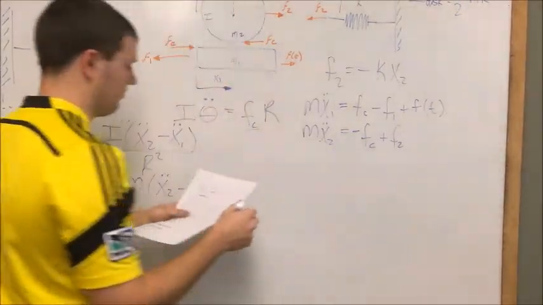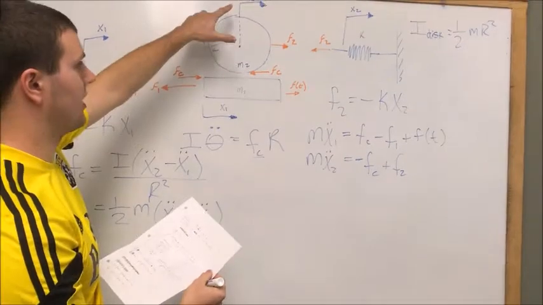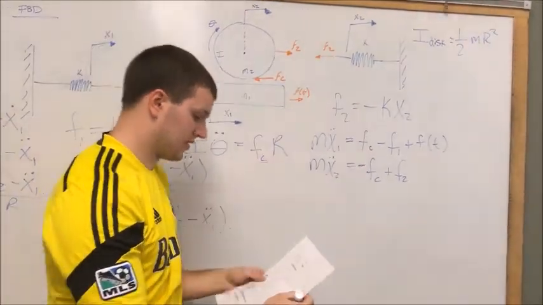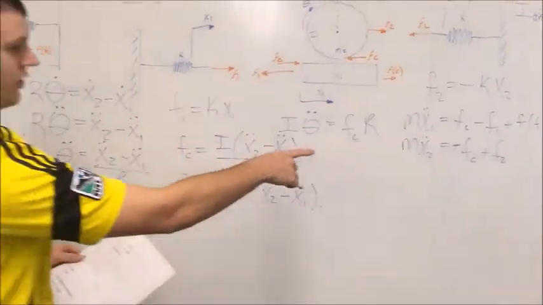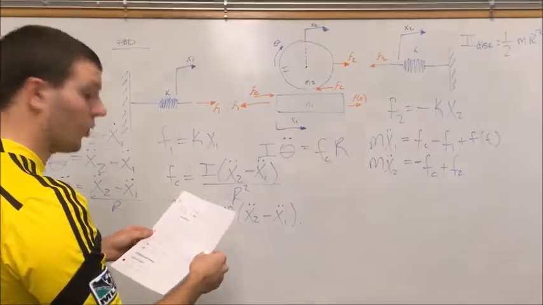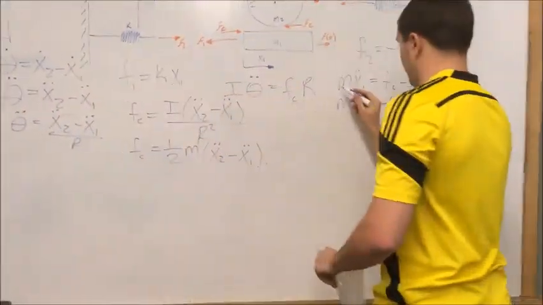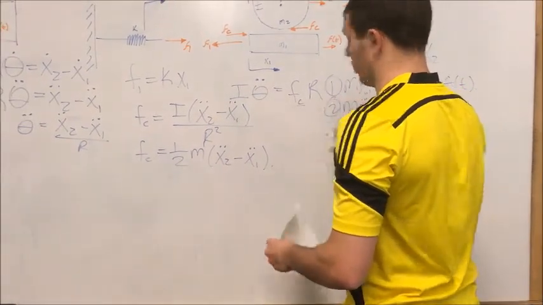And basically what that is for the disk, you have negative FC going in the negative x direction, positive F2 going in the positive x direction. So all you have to do after that is sub everything back into those equations right there, and we'll get our answer. So this first one, we're going to call this 1. This one's 2.